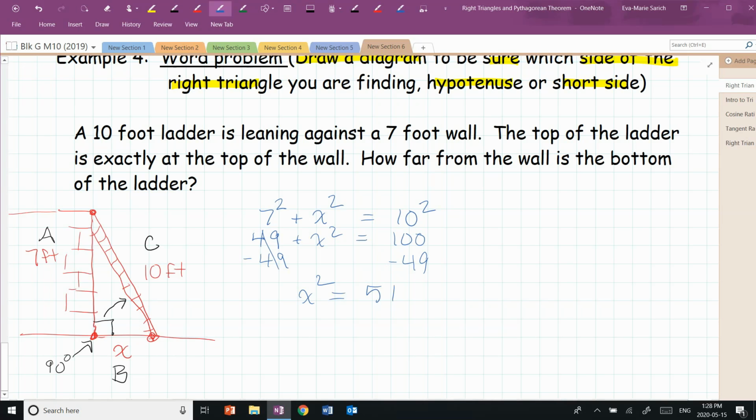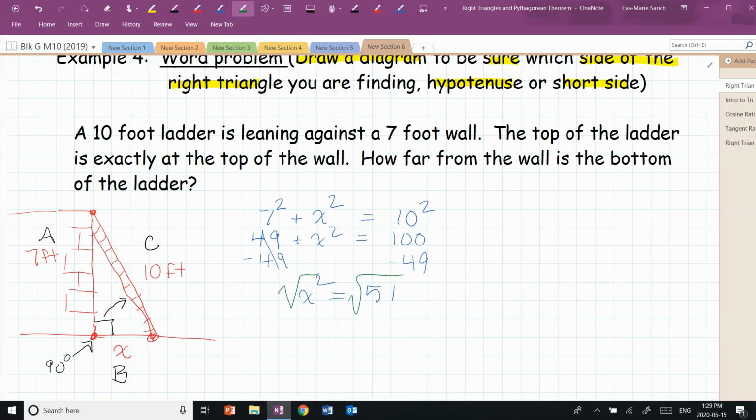Now, again, 7 times 7 is 49, and 8 times 8 is 64, so we know that this number of 51, when we take the square root, is going to be between 7 and 8. That's an estimate. It's going to be pretty close to 7 because 51 is close to 49.